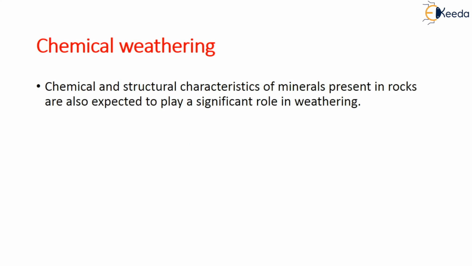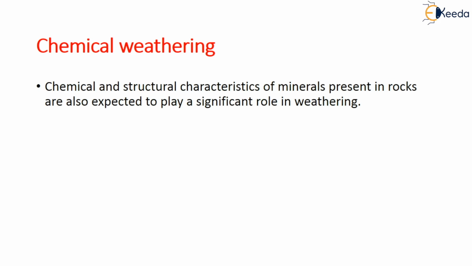Coming to the chemical weathering, it is also known as structural or chemical weathering. The chemical and the structural characteristics of minerals present in the rocks will get changed. This plays a very significant role in weathering.